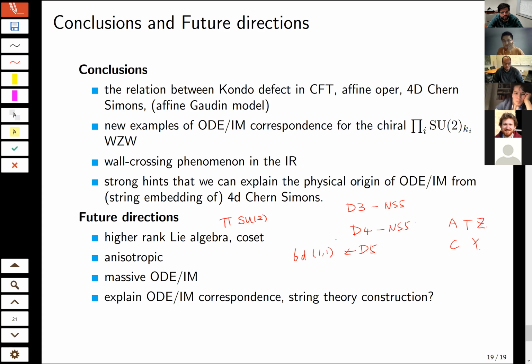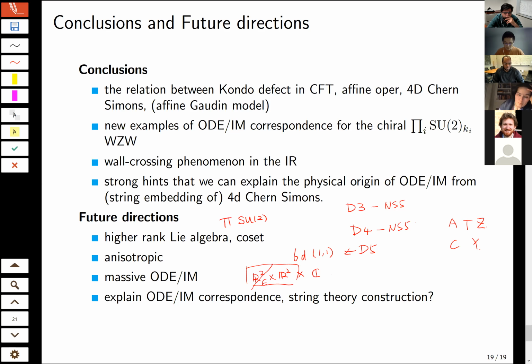Then you turn on some topological twist. For example, if I have R2 times C, where C is the spectral curve, I turn on the topological twist in these 4 directions, and now I turn on the omega deformation in these 2.